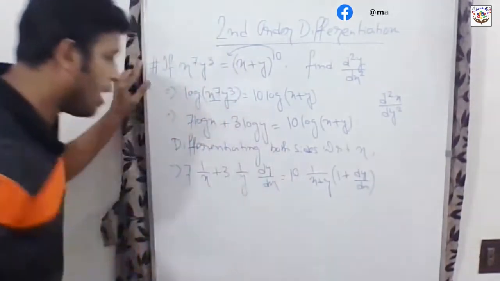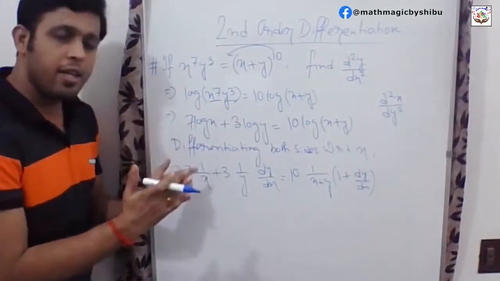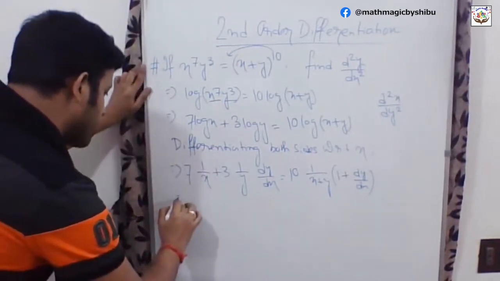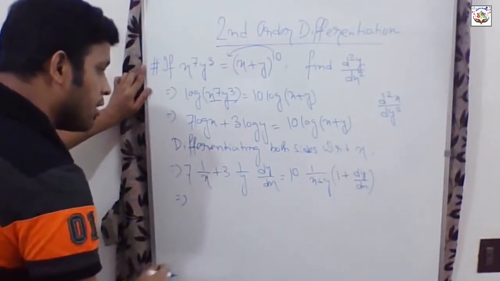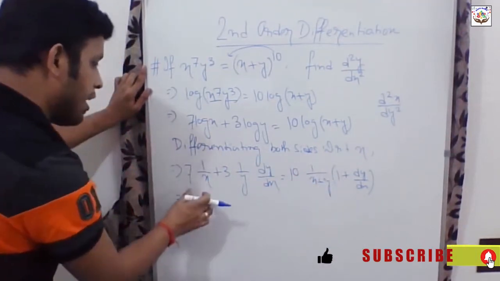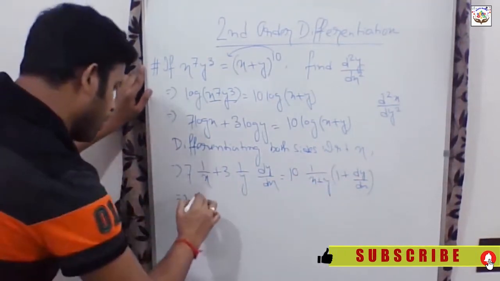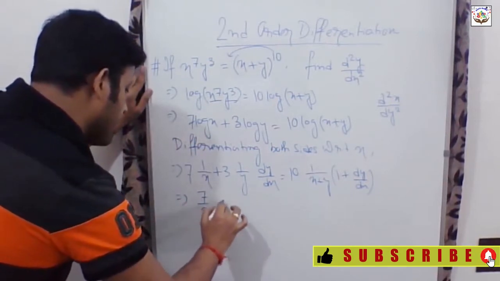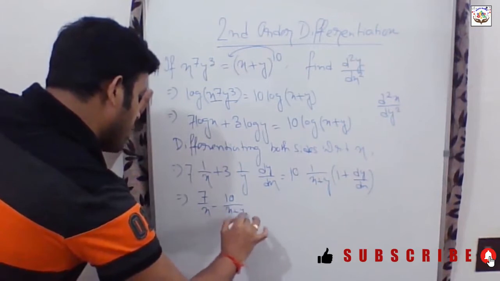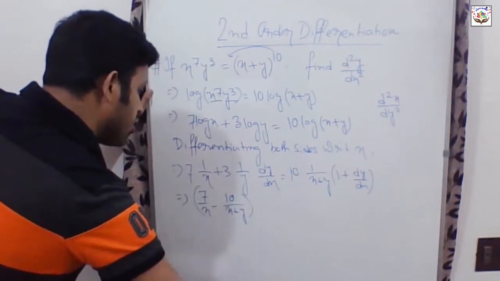Now we need to segment the dy dx in one part and the other part on one side. We will get 10 by x plus y from this part, and here it is 7 by x already. So let us take 7 by x minus 10 by x plus y in this part.